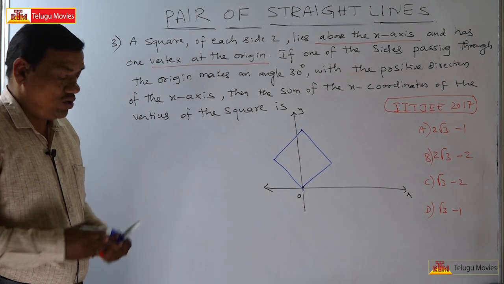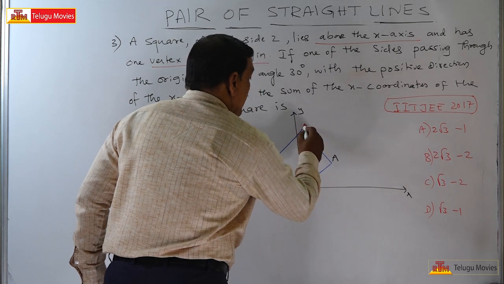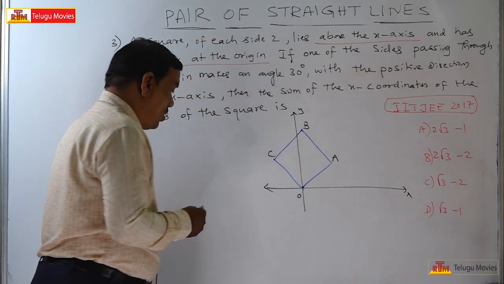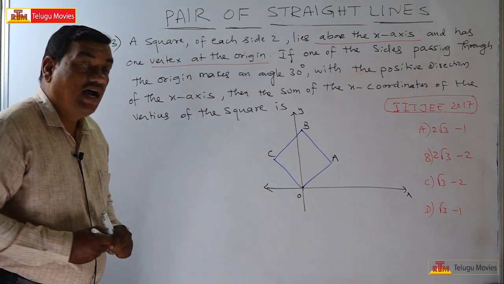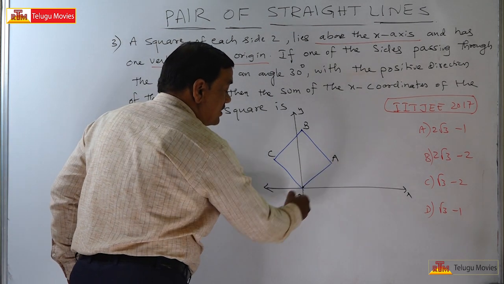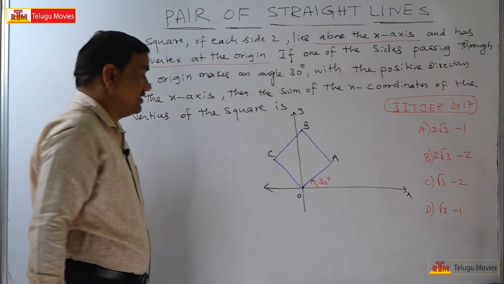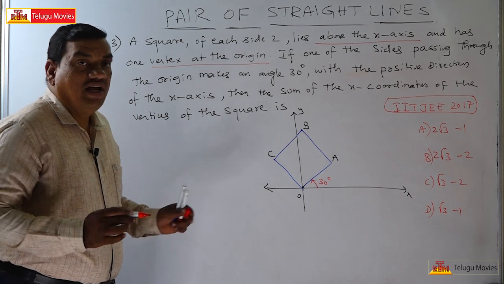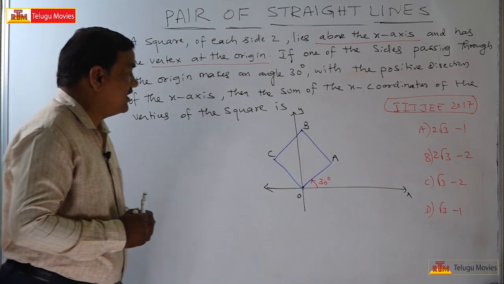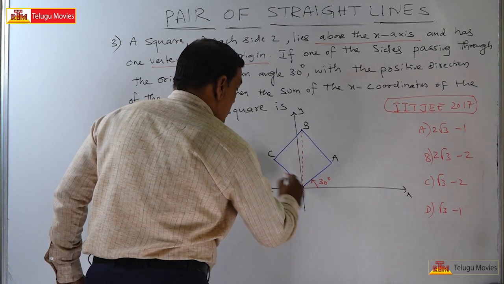So we can call it O, A, B, C. One of the vertices lies at the origin, and the side passing through this vertex makes an angle 30 degrees with the x-axis. Very clear. Let us join O and B also.